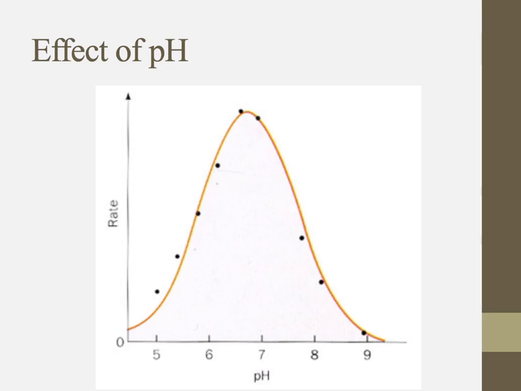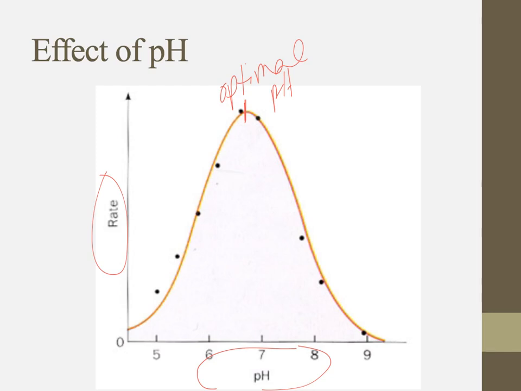Same thing here with pH. So we've got, this time, pH on our x-axis. And again, rate or maximum activity, doesn't matter, those are synonymous, over here on our y. This tippy top of our graph is the optimal pH. So this is the pH that our enzyme is happiest at and working the best at.